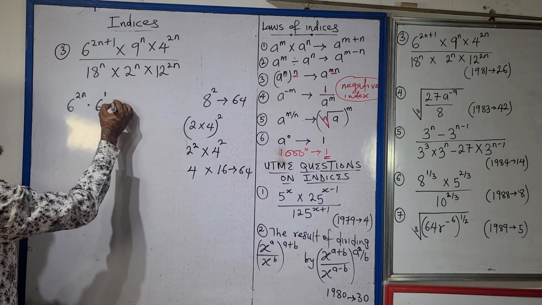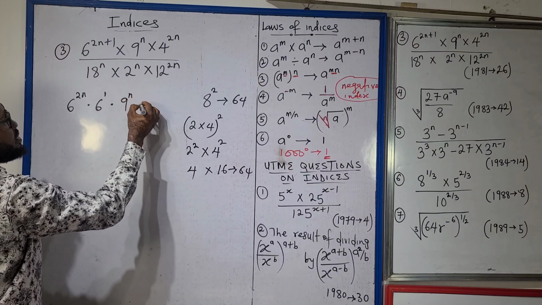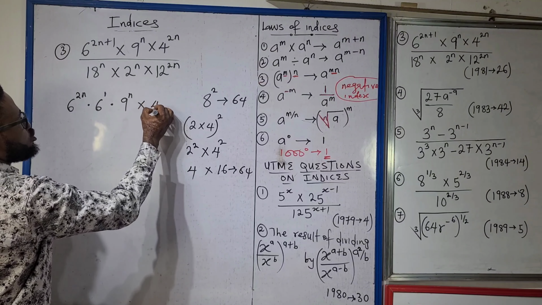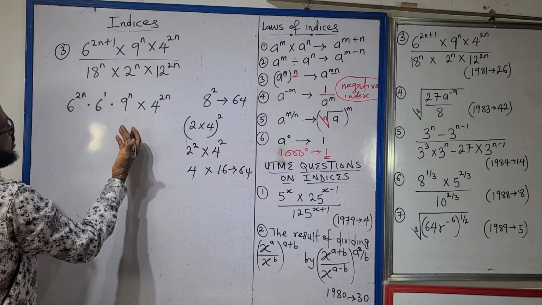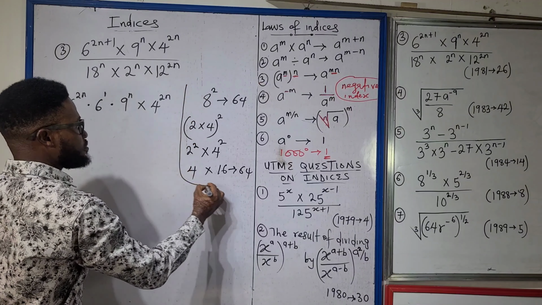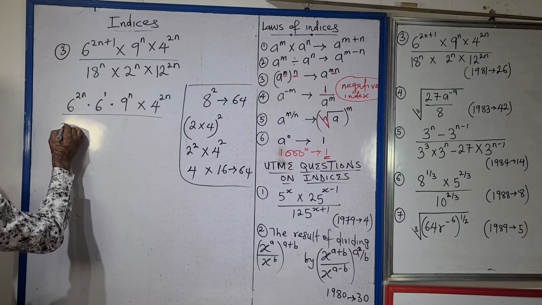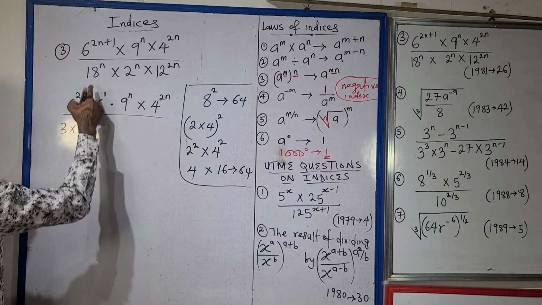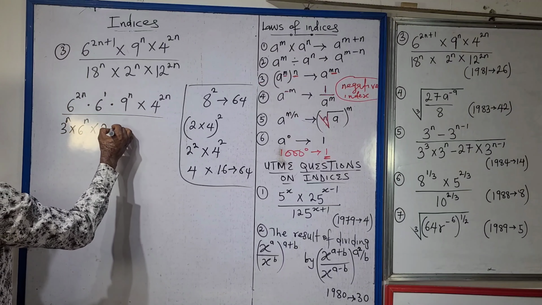So times 9 raised to power n times 4 raised to power 2n. Let's leave it this way. Now, all divided by 18, which could mean 3 times 6. Then you distribute the n times 2 raised to power of n.